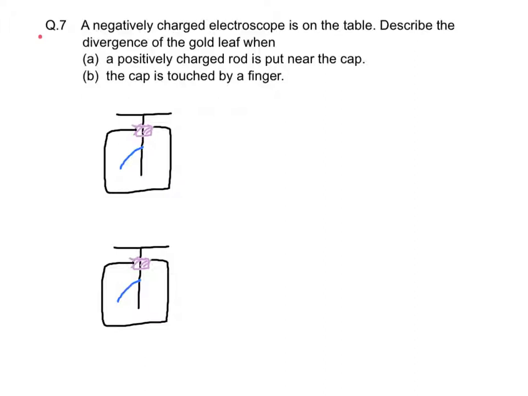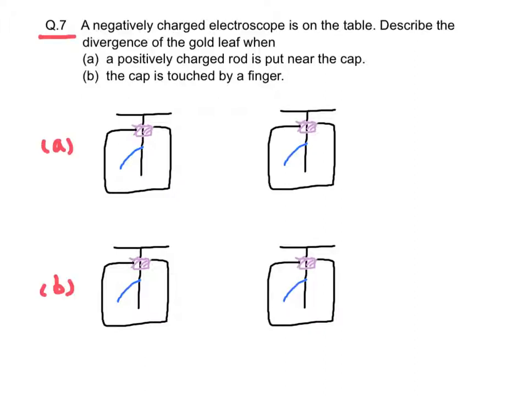Look at question number 7. Initial. The electroscope is charged negatively. Therefore, the gold leaf diverges.